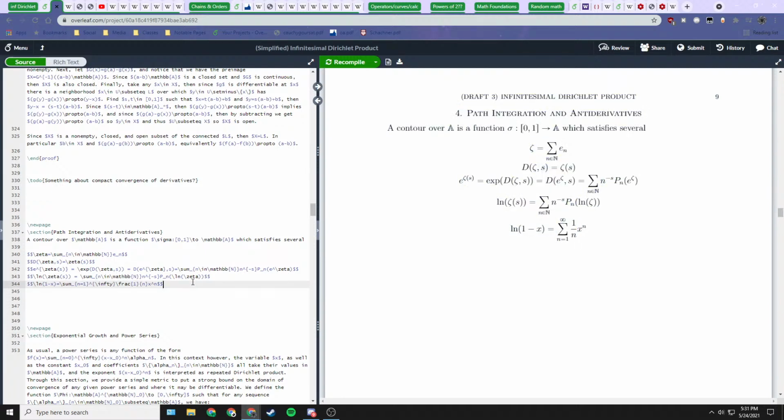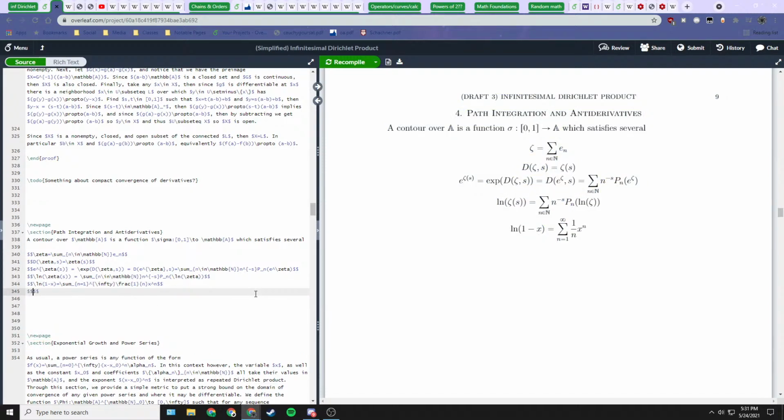But what if we wanted to use a different identity? Or for example, what if we wanted to take the natural log of something where this doesn't converge? How would we do that? Or what if, for example, I wanted to say the natural log of x times y is the natural log of x plus the natural log of y.